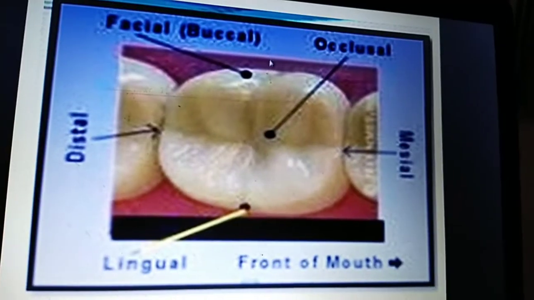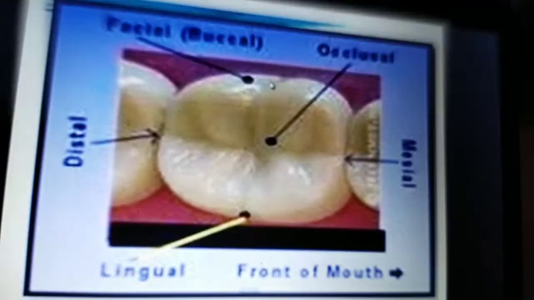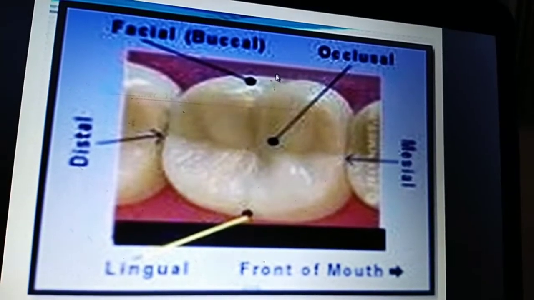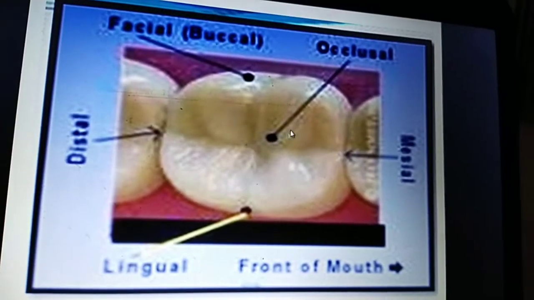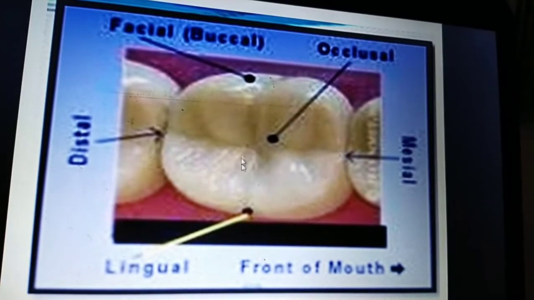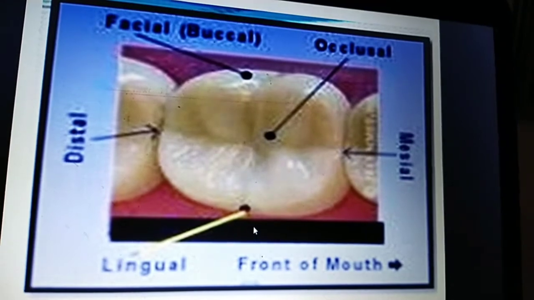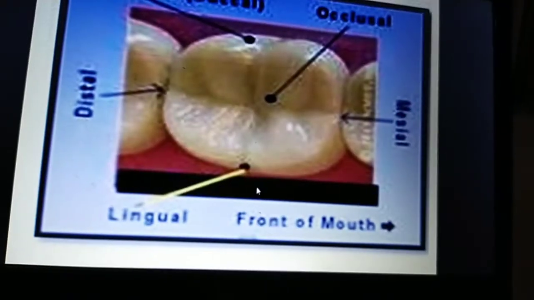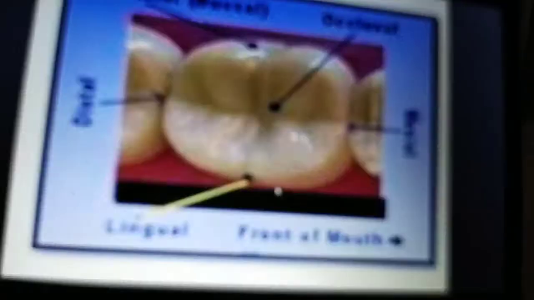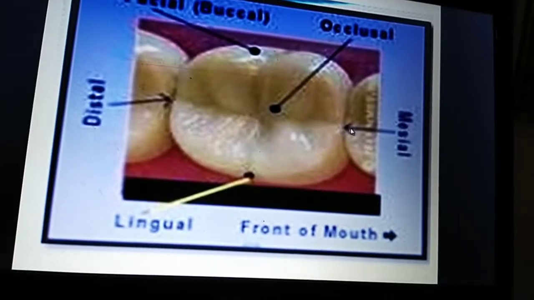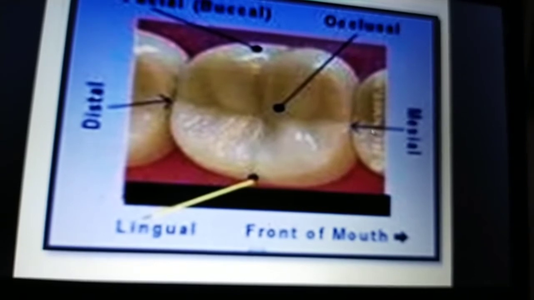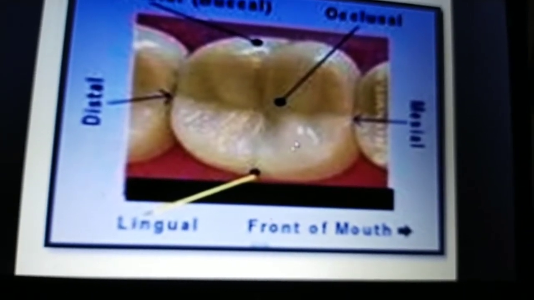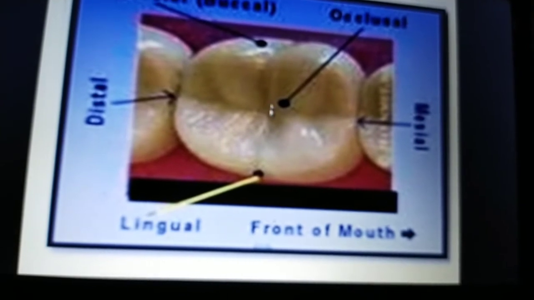This is the facial or buccal, lateral side. Occlusal is the superior surface. Lingual means towards the palate or the tongue. Mesial and distal are the sides of the tooth. These are the surfaces of the tooth.